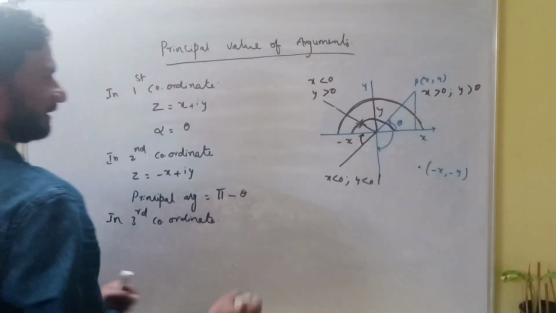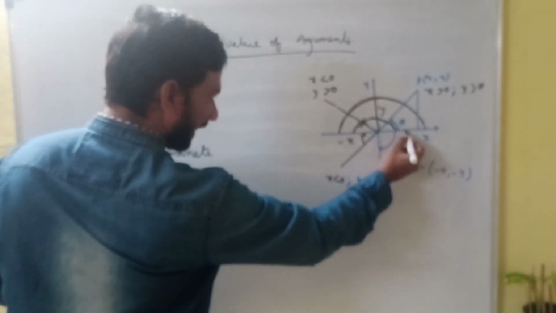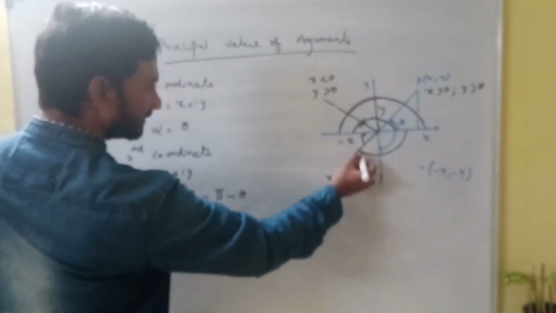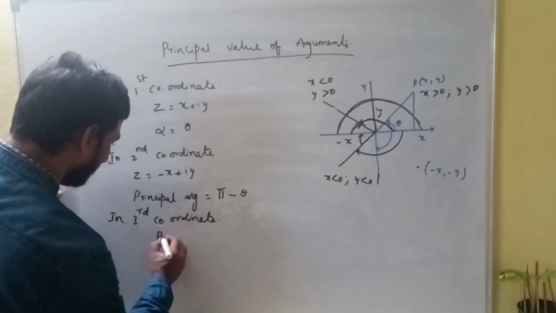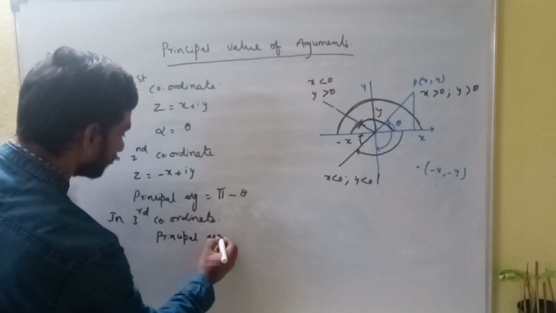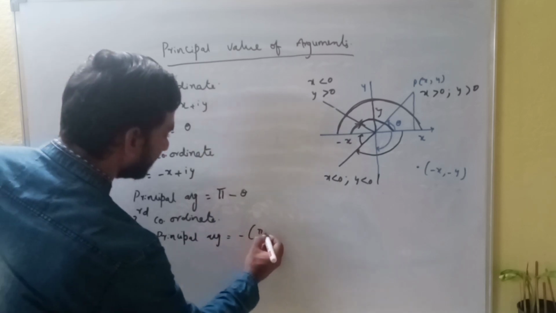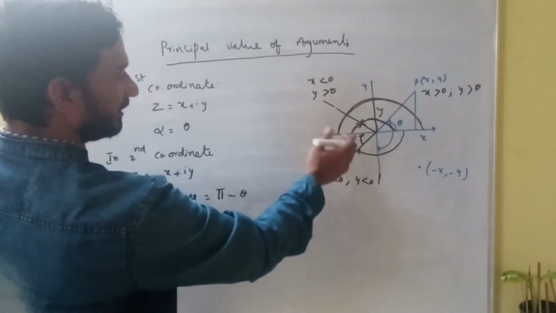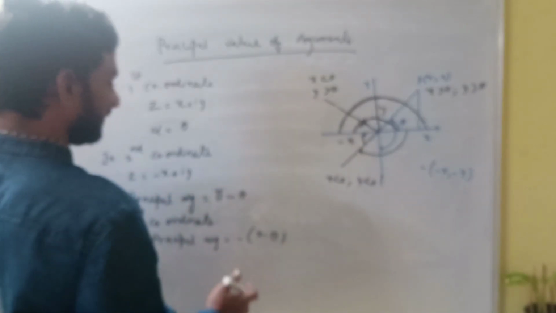So this is the clockwise direction, and I have to make it anti-clockwise. If I make it anti-clockwise, the principal argument will be minus of pi minus theta. So this one is right. The upper one is pi minus theta and this one is minus of pi minus theta.